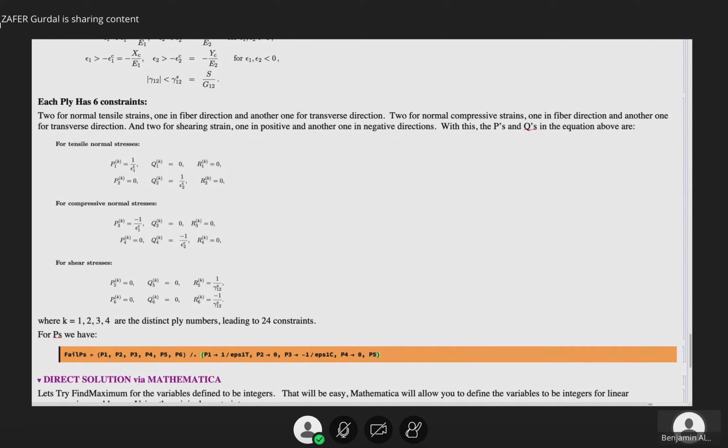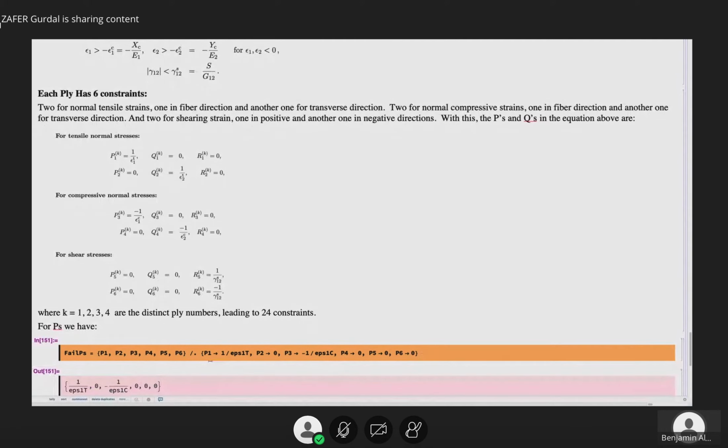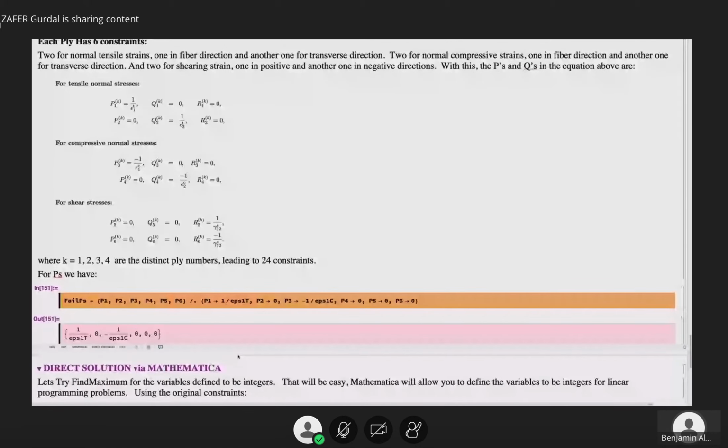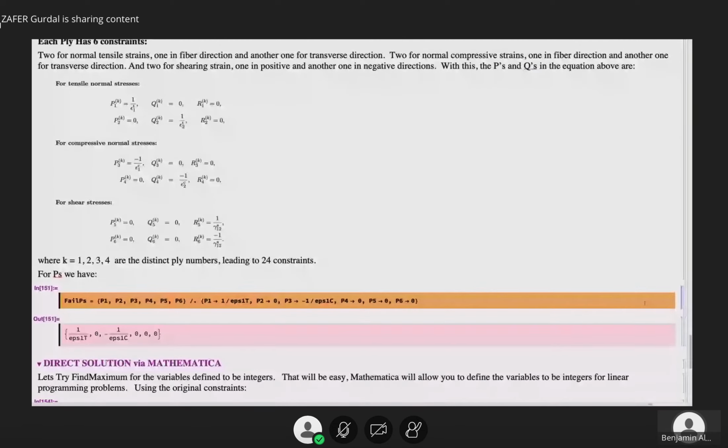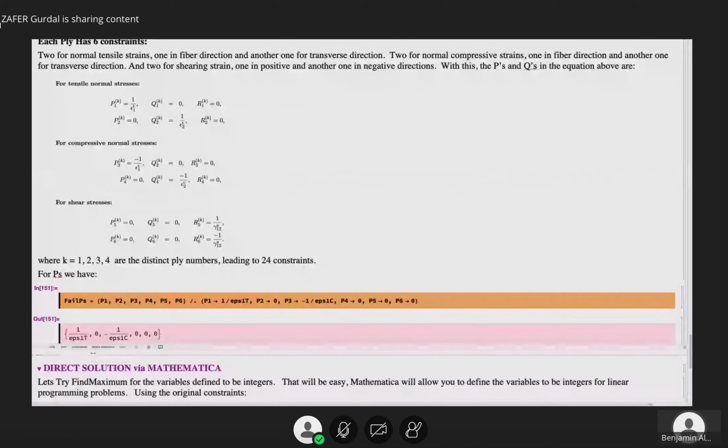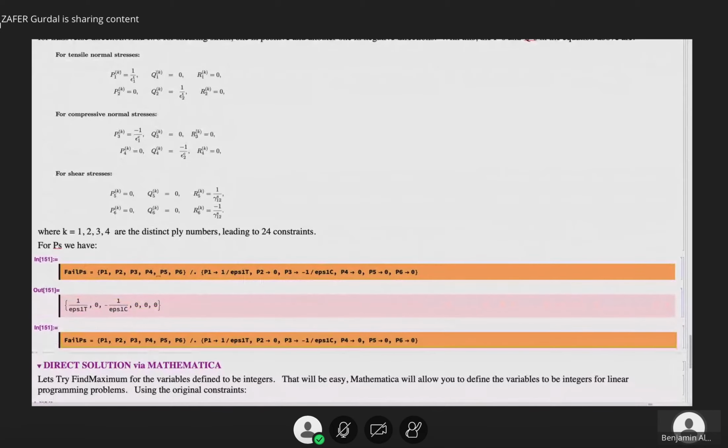P5 goes to 0, and P6 goes to 0. This should define all of them. So these are the P's, and similar to this, as you can see, we are doing it as we go along.